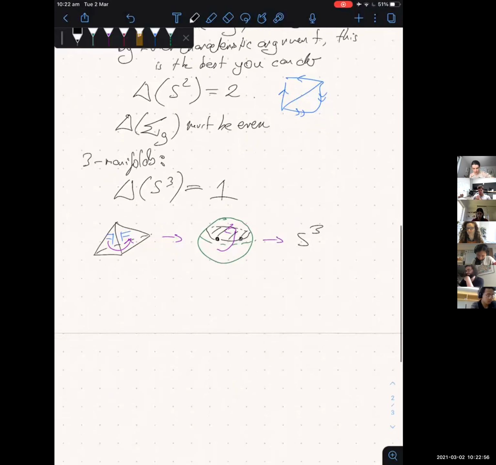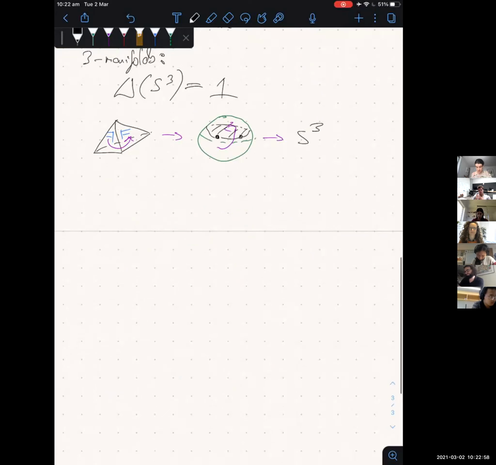Another one, well, this is a 3-manifold with boundary, but the solid torus also gives us one. And this one takes a little bit more thinking, maybe. In this case, I'm going to take a tetrahedron, and again I'm going to glue these 2 front faces together, but this time I'm going to glue with a twist.